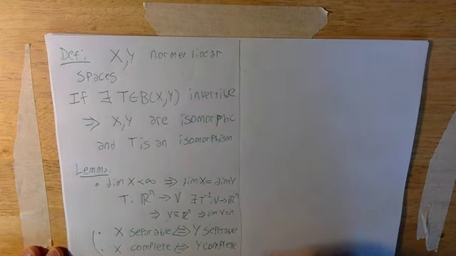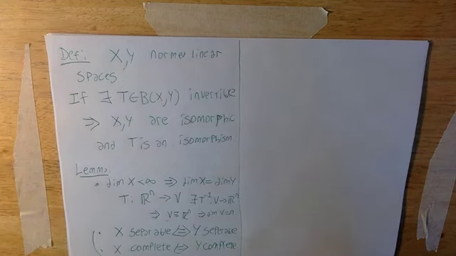Separability is a concept of point set topology that is preserved by homeomorphism, and completeness is also something that is preserved by homeomorphisms.